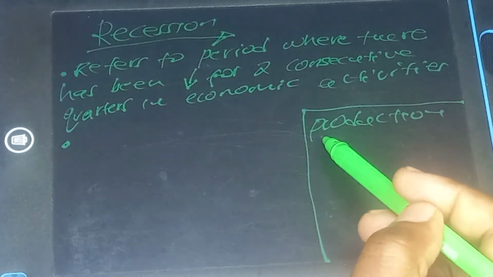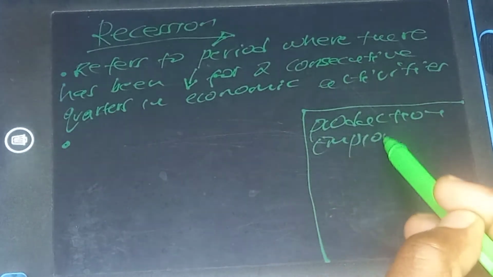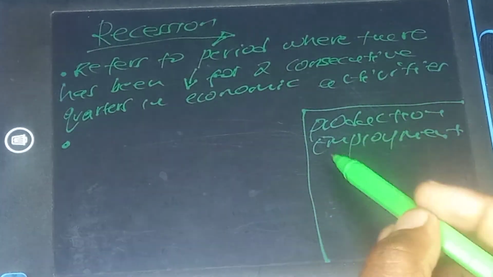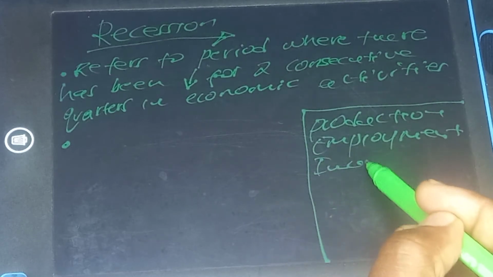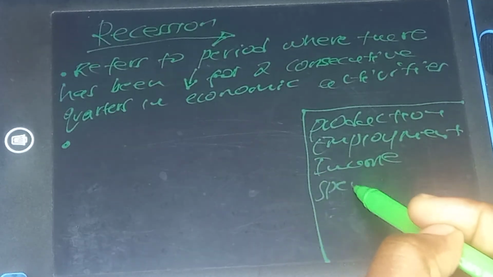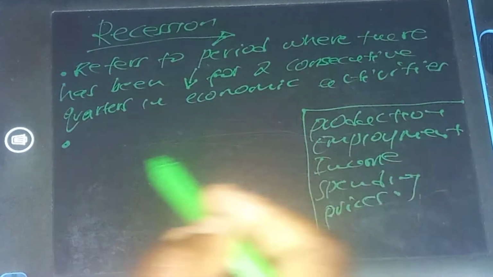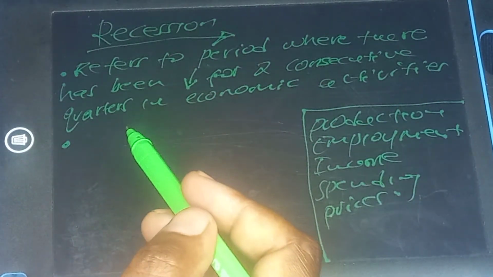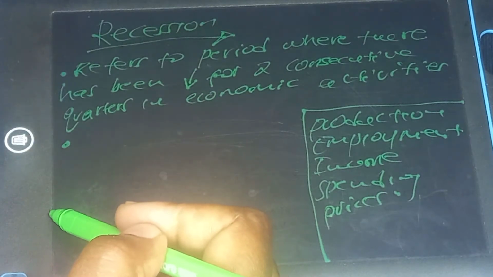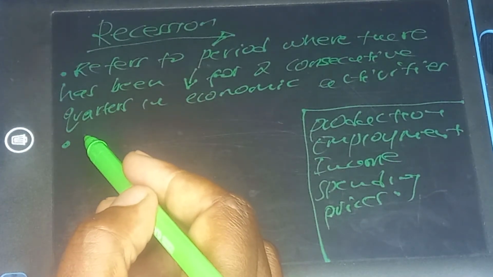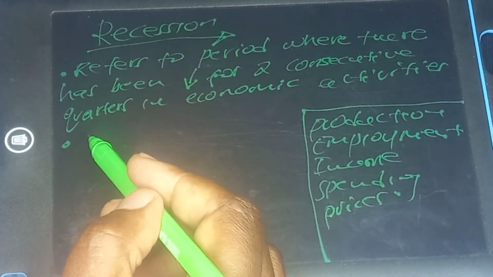Production, employment, income, spending, prices. Again, there's a decline. Okay? The economy starts to decline.